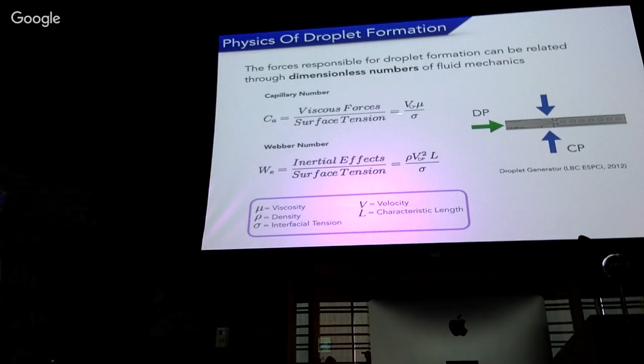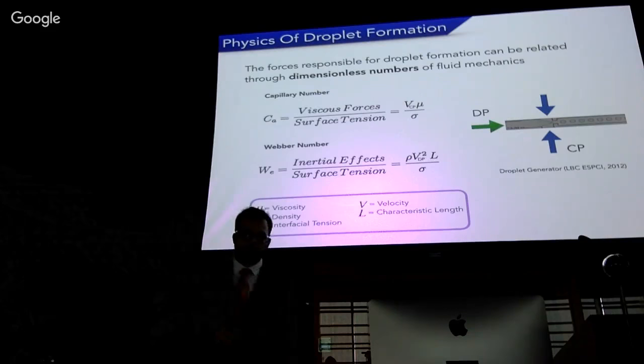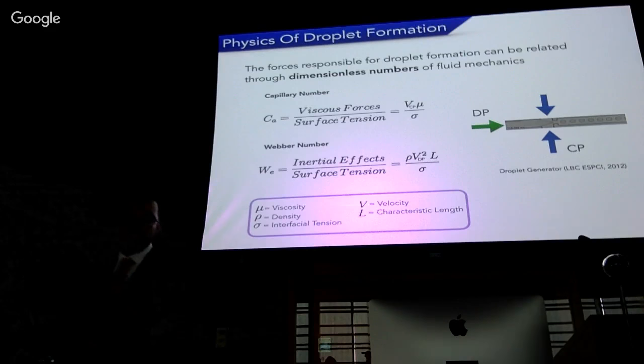It is given by the velocity of the continuous phase, its viscosity, over the interfacial tension. The second one is related to the dispersed phase, or the inner liquid here, and it relates the inertial effects over the surface tension. And this is the equation.